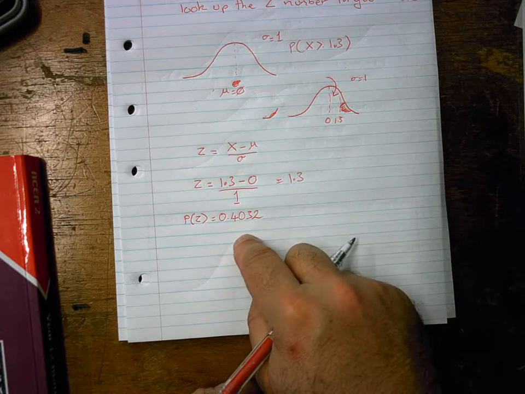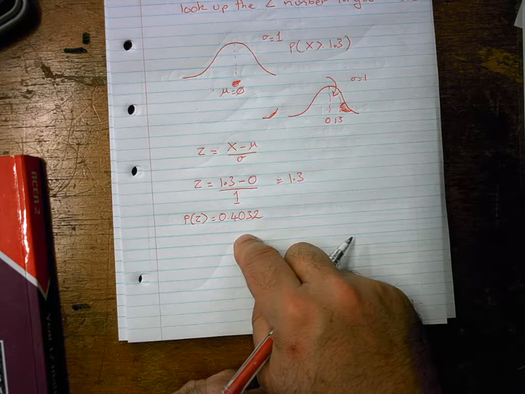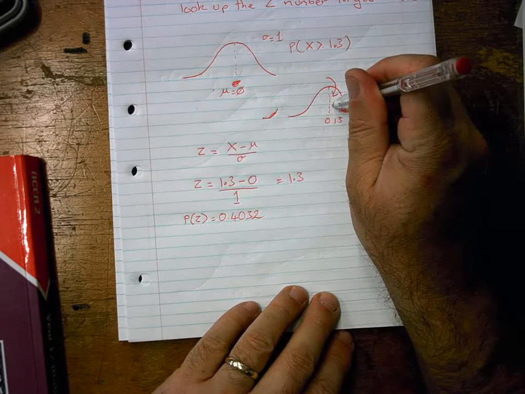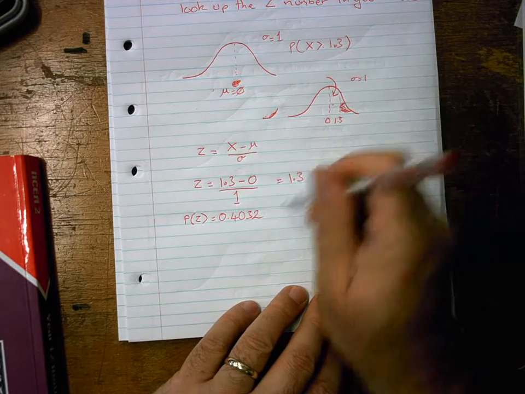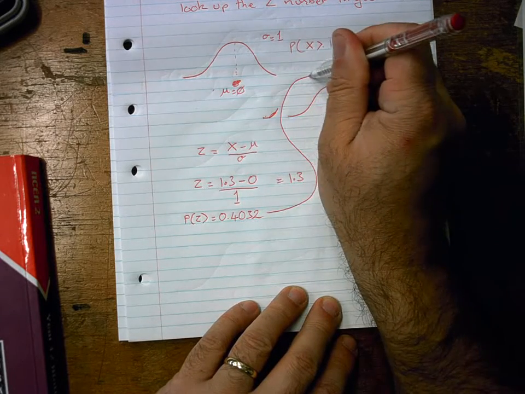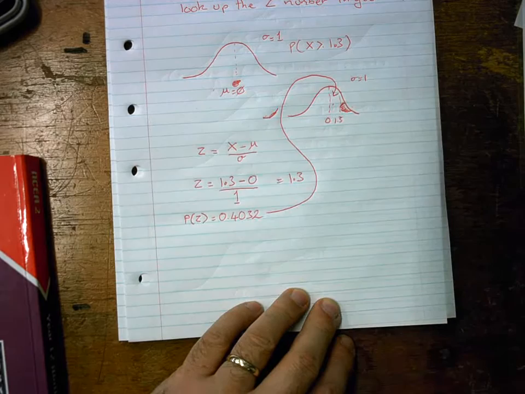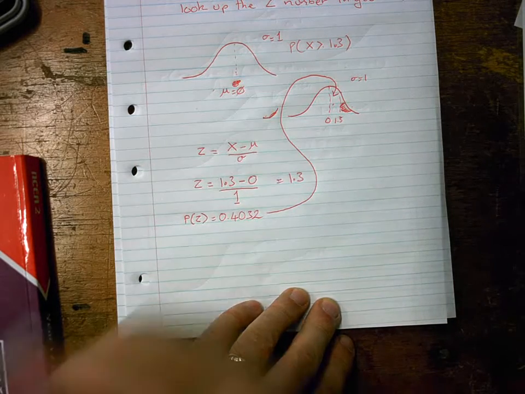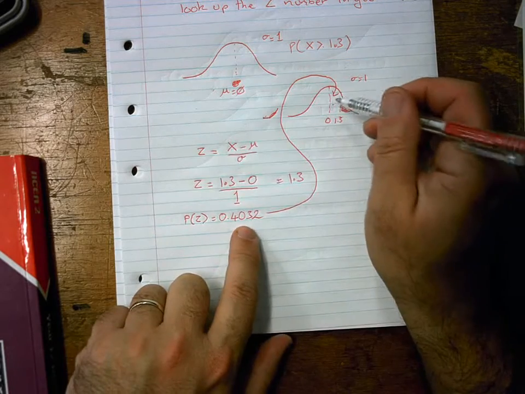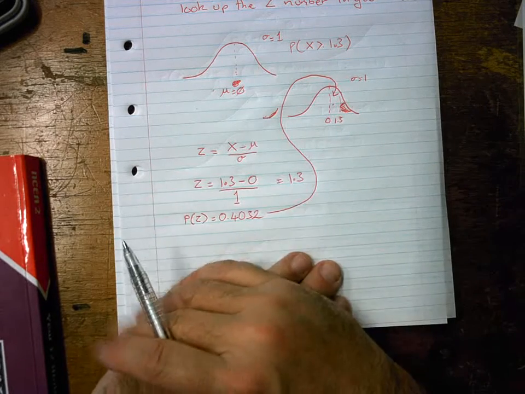Is that the answer to our question? No. That probability is that space there. So I can keep my arrow going all the way up and join it on. So that probability we've just worked out must be 0.4032. And that's how we do it.